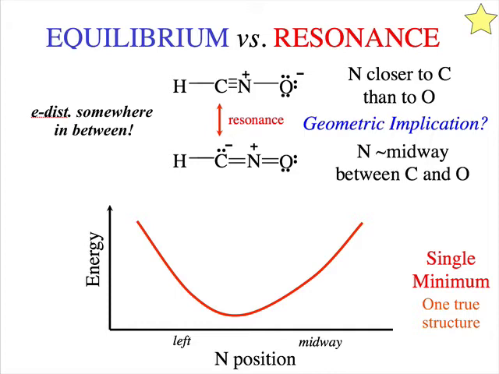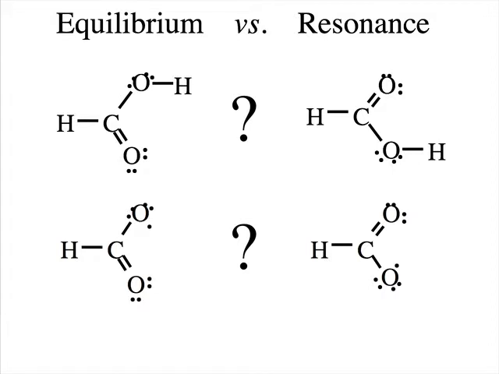The real structure is some combination of the two. So it becomes a little bit of a puzzle to try to understand, when do we have equilibrium? What does equilibrium look like in a molecule versus resonance? What does resonance look like in a molecule?